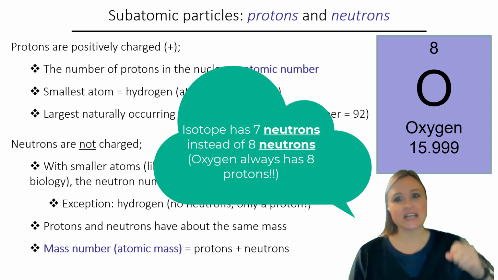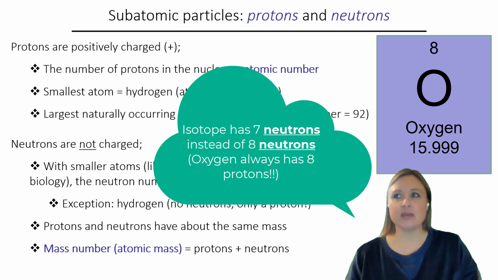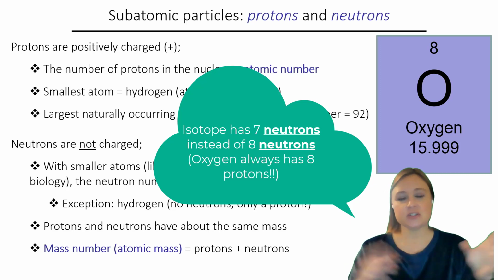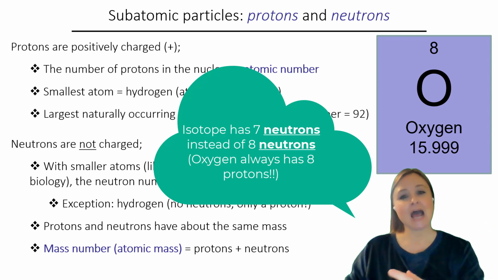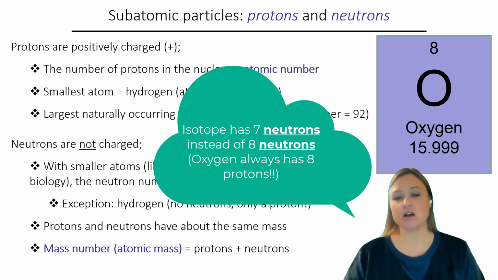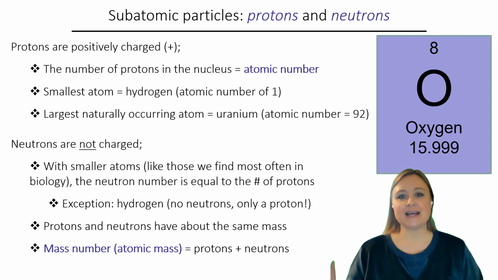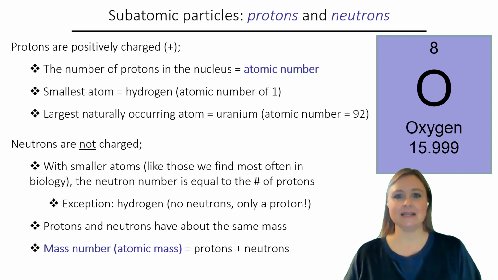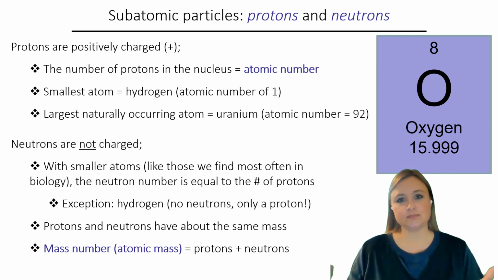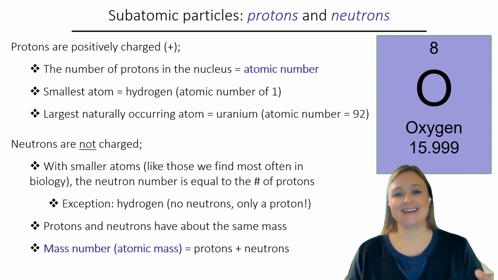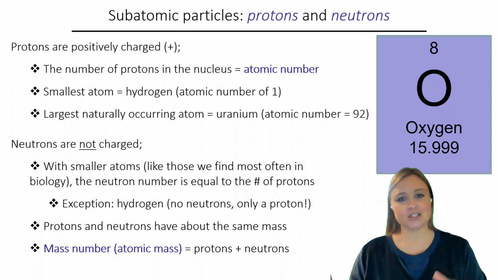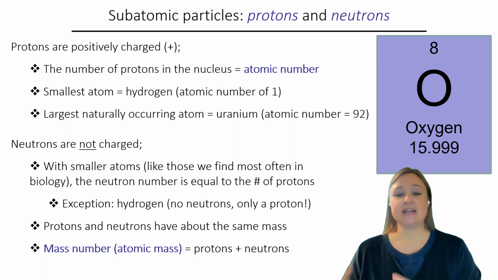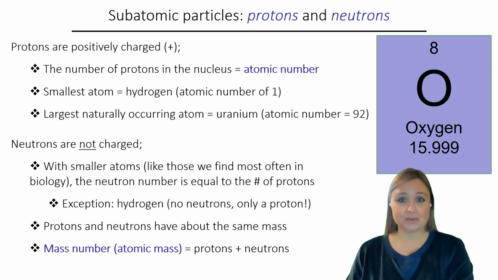So when we occasionally average in a 7 there, well, 8 plus 7 is 15, so when we're doing the masses, this is the average of all of the different oxygens out there. So that's why it's not exactly 16, but for our purposes, we know that a typical non-isotope version of oxygen is going to have 8 protons, and it's going to have 8 neutrons, okay?